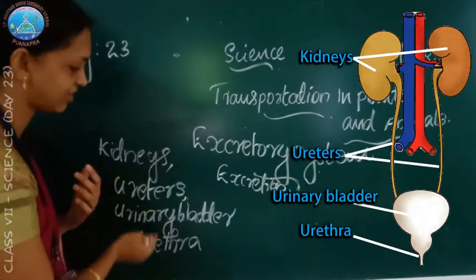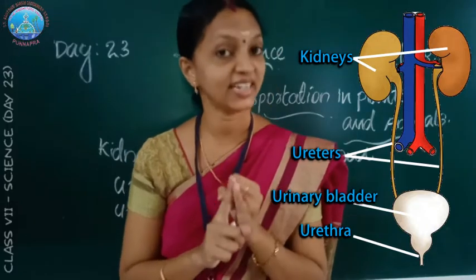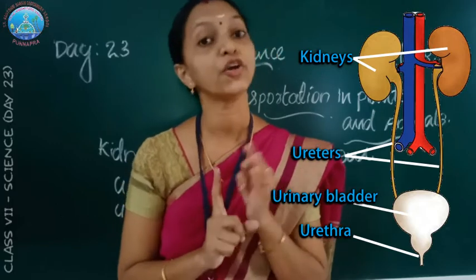Human excretory system consists of two kidneys, two ureters, then urinary bladder and urethra.